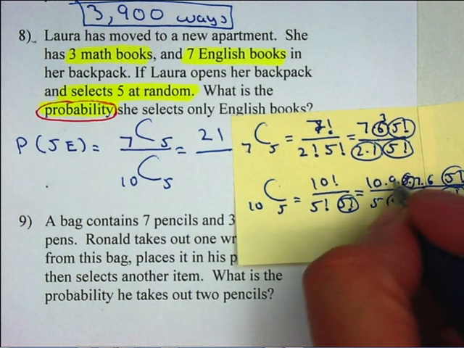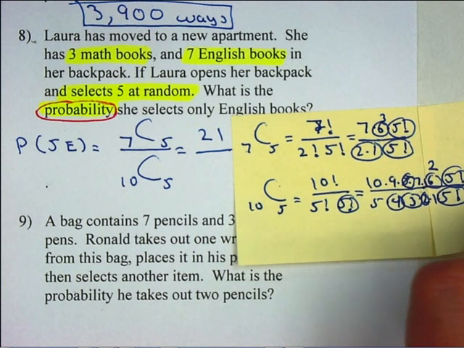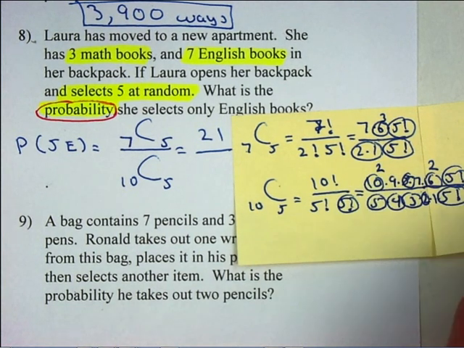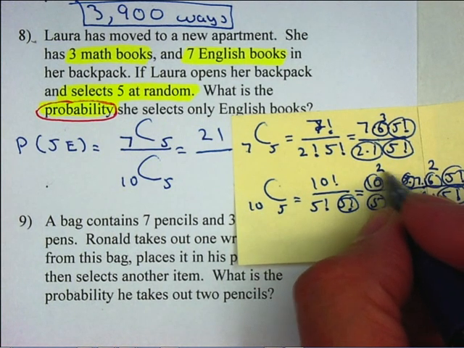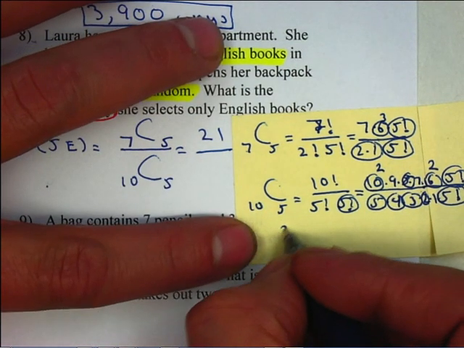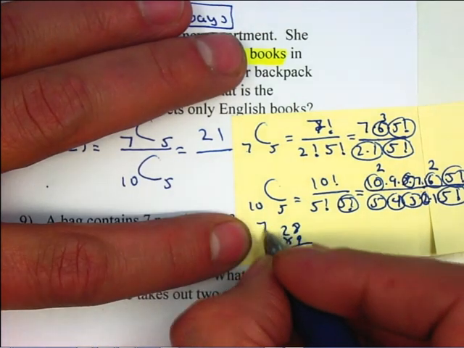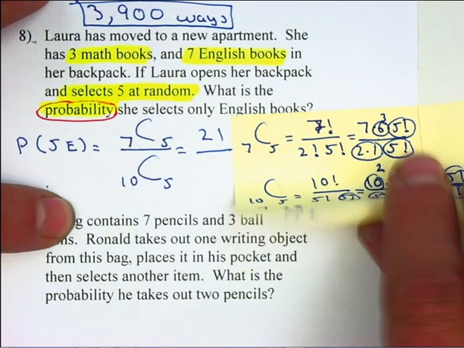The 3 and the 6 gives me a 2. The 5 and the 2 gives me a 2. So therefore I have 2 times 2, which is 4. 28 times 9, that'll be 72. Carry 7. 18, that'll be 25. So it'll be 252.